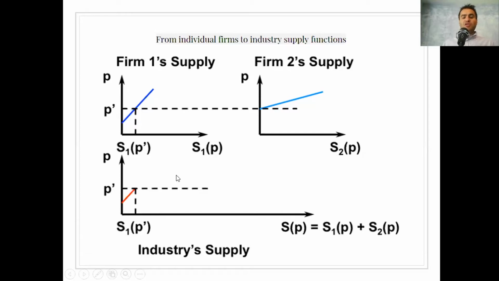So as you see in the industry supply at the bottom of the slide, for the first price segment, only the most efficient firm participates, and the industry supply looks exactly the same as the individual firm 1 supply.